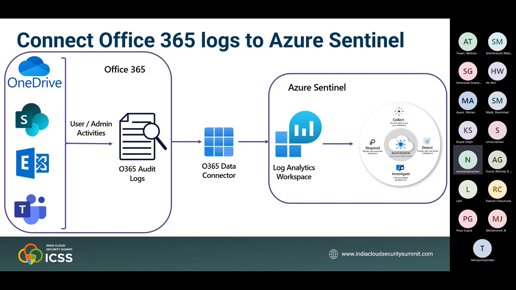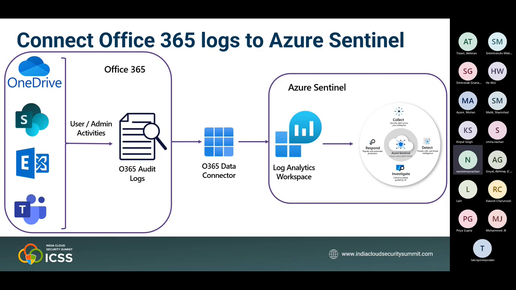At the same time, we have various roles of administrators. So we have Teams admin, SharePoint admin, global admin, reports reader, and many more roles. So that means in a day we have a lot of transactions going on in our Office 365 environment. And it is very essential to track what is happening across your environment.